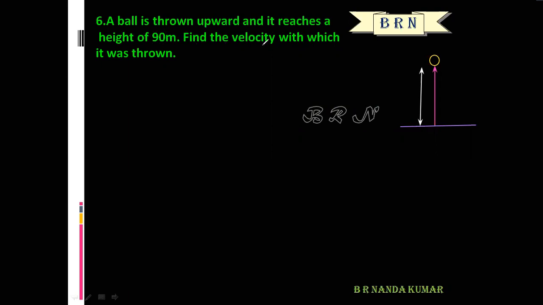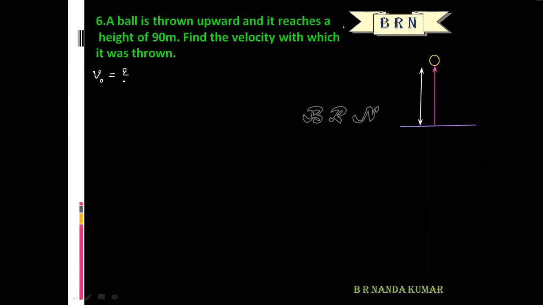Find the velocity with which it was thrown. In this problem, we have to find the velocity with which it was thrown. Is that the initial velocity? We have to find the initial velocity.